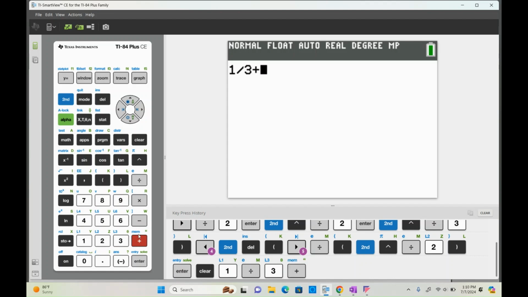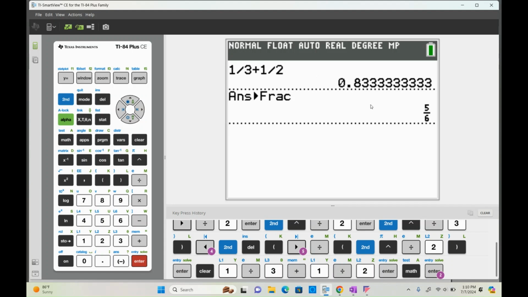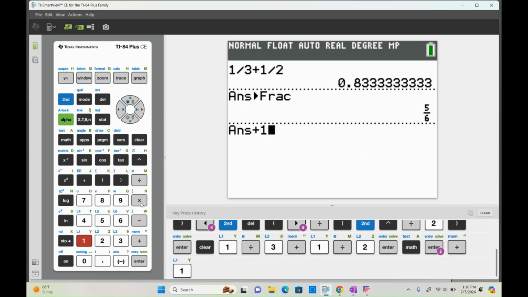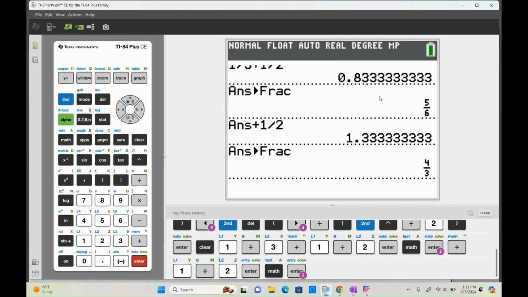And instead of adding pi over 2, I'll just add 1/2. And I could hit math frac. And so there is our next point that we'll want to plot on the x-axis. But again, we could add another half to that, and hit math frac. And so we could get all those numbers that go on the x-axis here pretty fast.